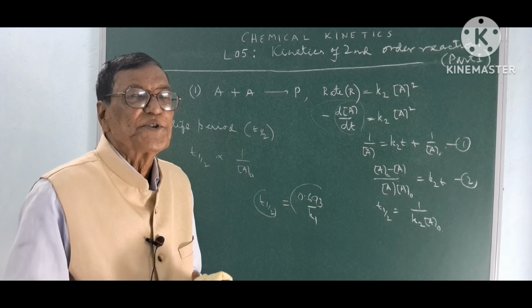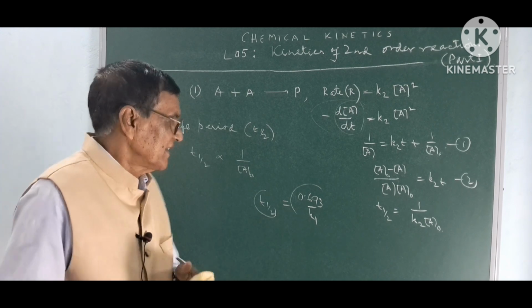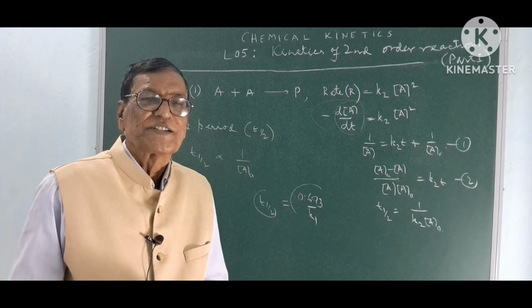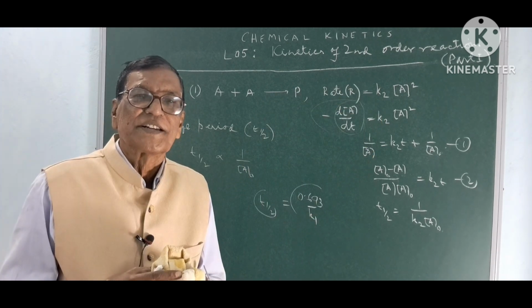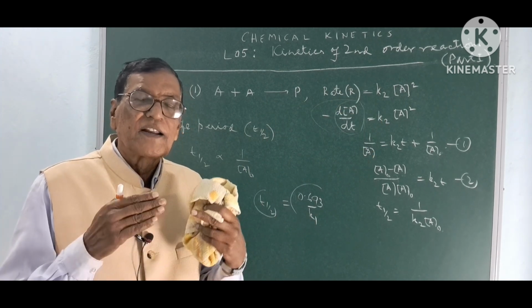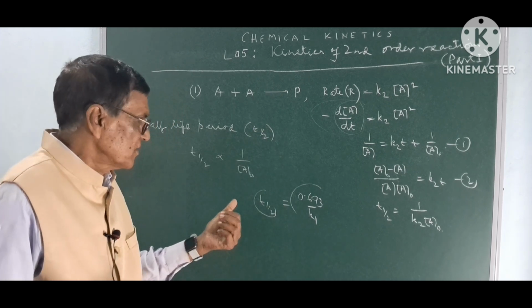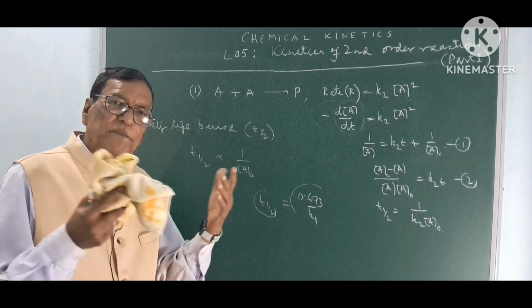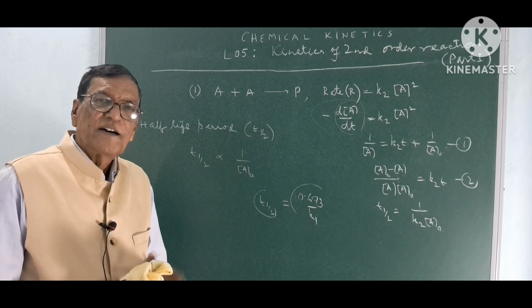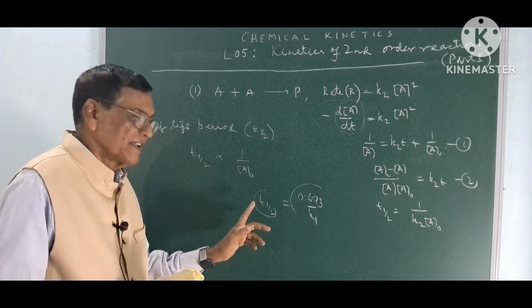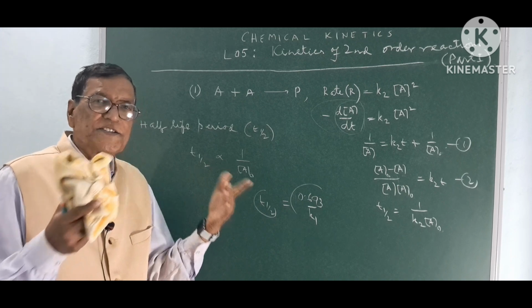Only in case of zero order reactions, the half-life period is directly proportional to the initial concentration of this reactant. Greater the amount of this reactant you have taken, greater the time required for its half decomposition. In first order reaction, whatever may be the amount of the reactant, the half-life period is the same.